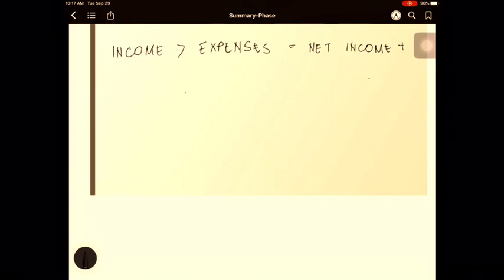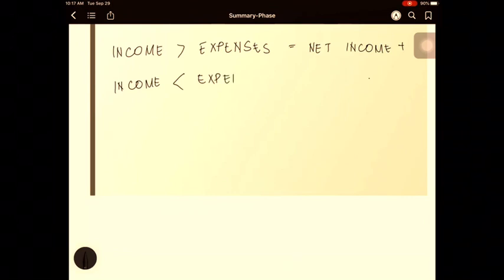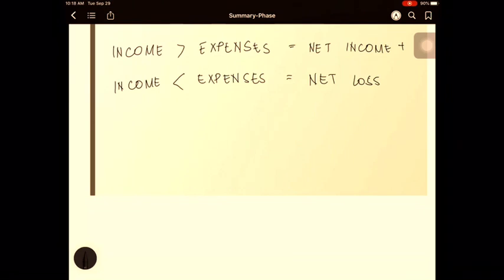On the other hand, if the total amount of your income is less than the total amount of expenses incurred, then the result of the operations of the business is a net loss. A net loss, of course, is an unfavorable situation for the business because it decreases the wealth of the owner or owners of the business.